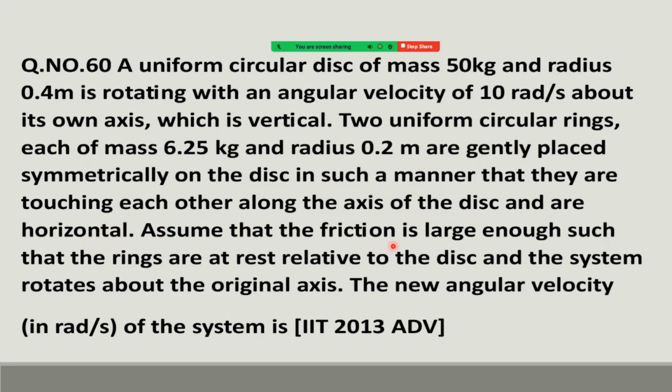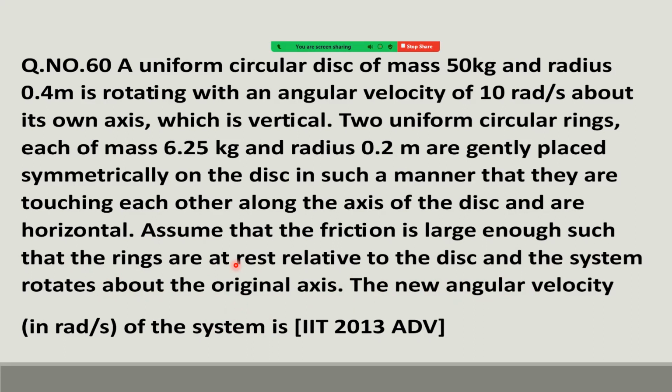Assume that the friction is large enough such that the rings are at rest relative to the disk and the system rotates about the original axis. The new angular velocity of the system is, asked in 2013 Advanced.